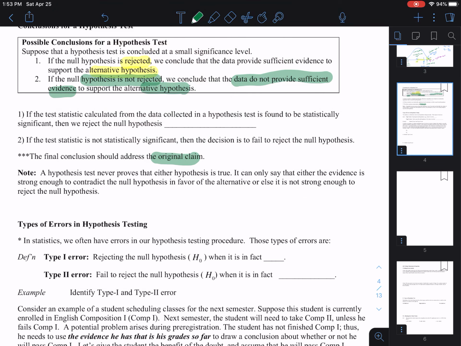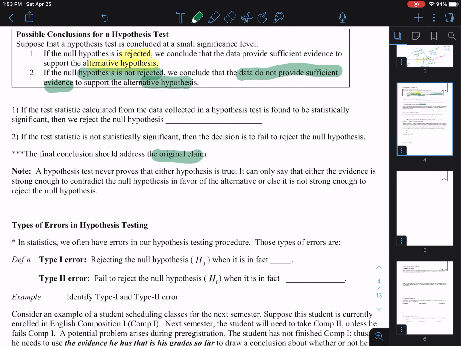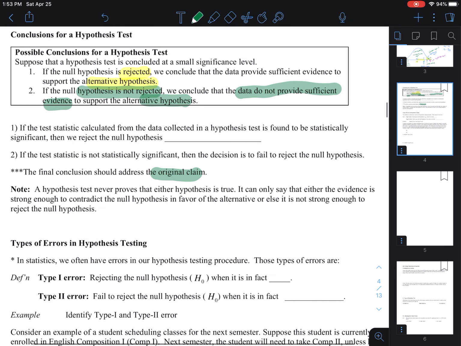So just to explain the first conclusion a little further: if the test statistic, or the sample data, is calculated and found to be statistically significant, meaning it is way past the cutoff value that we are assigned, then the null hypothesis is not supported.